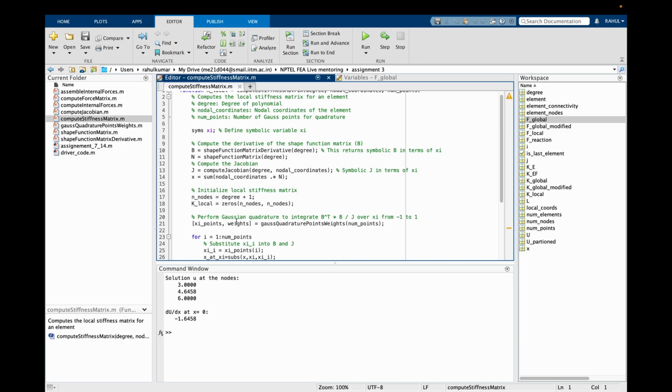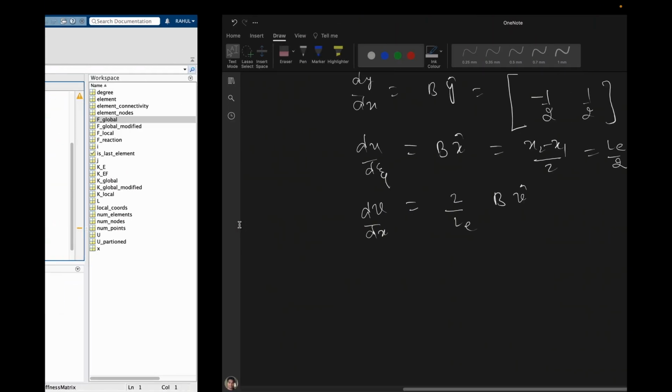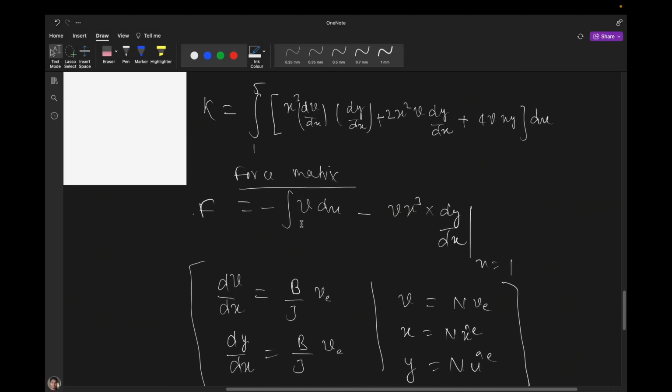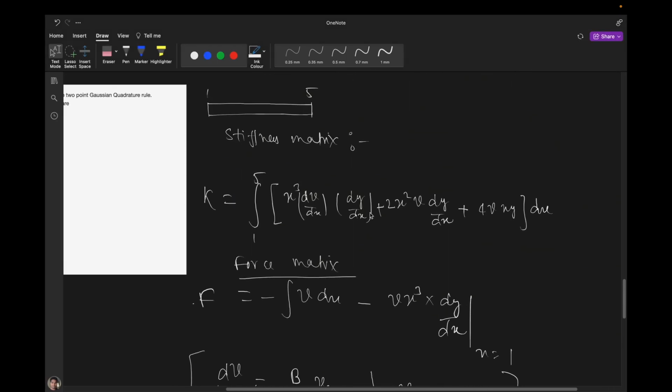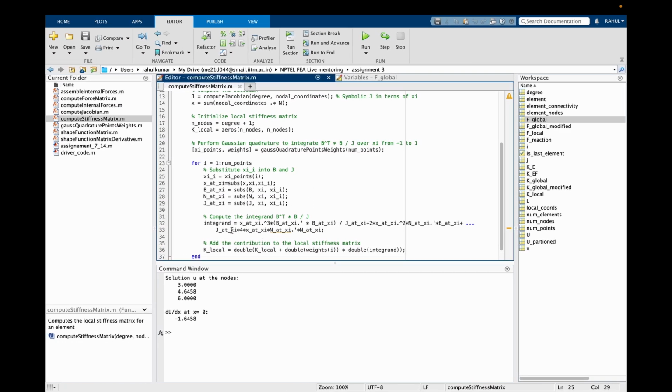So you can directly see that everything is the same, but only what I made some changes is because I have to write this expression. I have to write this whole expression, x cube dv by dx dy by dx plus this whole expression I have to write. So that's why you can see that this is x cube.